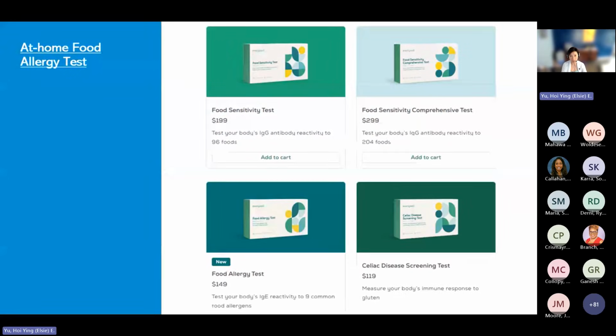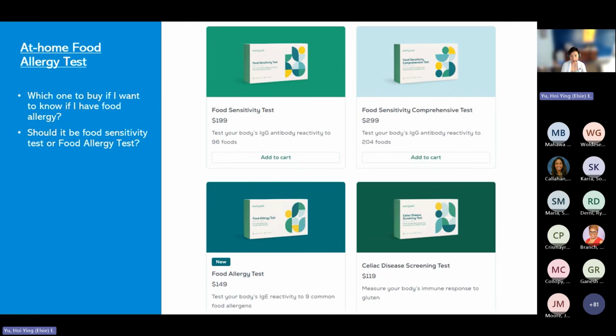But let's look at this a little bit more closely. I went to the Everlywell website, and this is just a quick screenshot to show you they have multiple different food-related tests. So I think it may not be easy for someone to figure out which one to buy if they wanted to know if they have a food allergy.